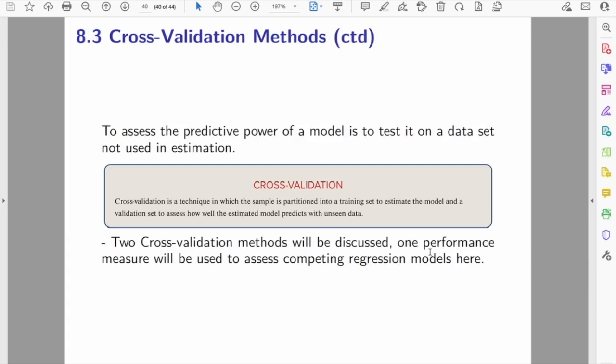So we train the model using the first partition of the data. When we build the model, we do prediction on the unseen data and we see how well the model does with the unseen data. In this chapter, we are going to discuss two methods of the cross-validation techniques.